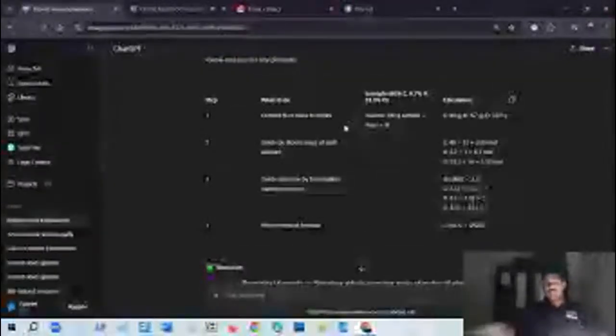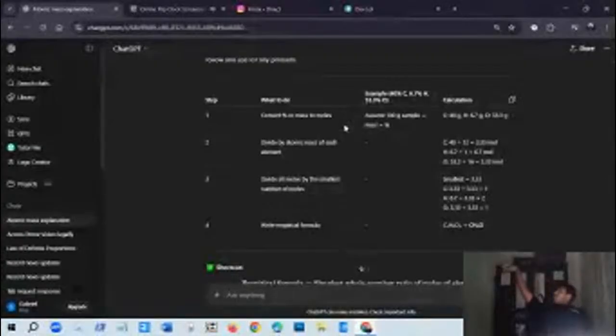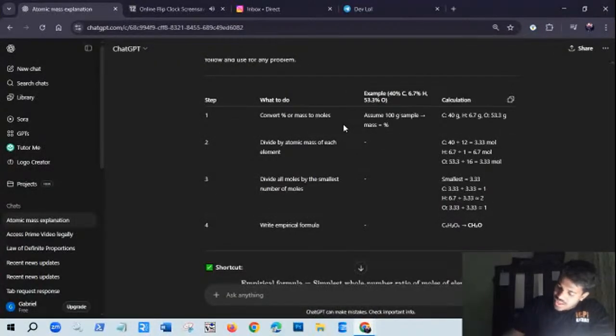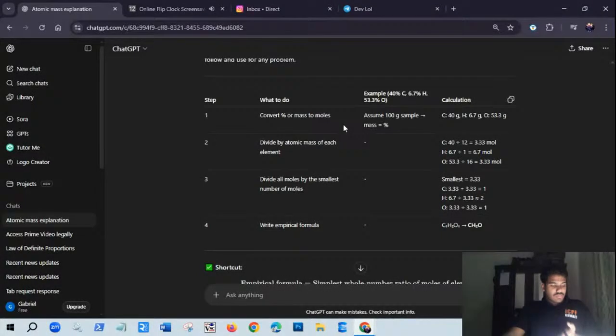So we got the molecular formula is equal to n into empirical formula.